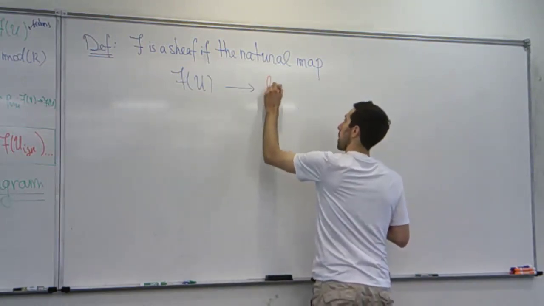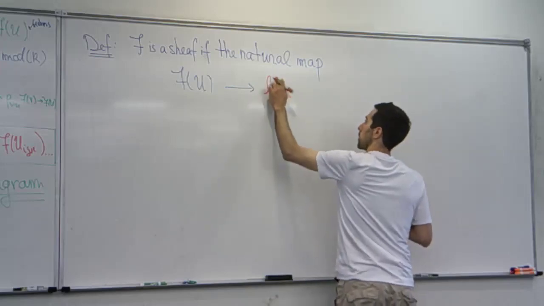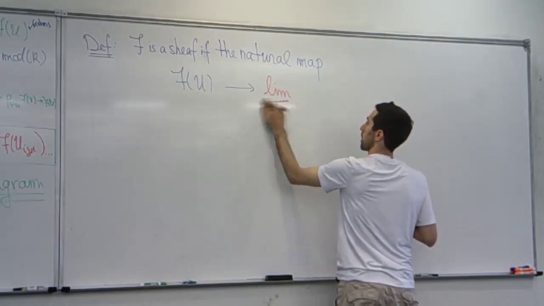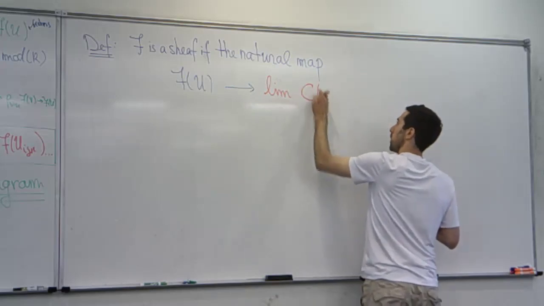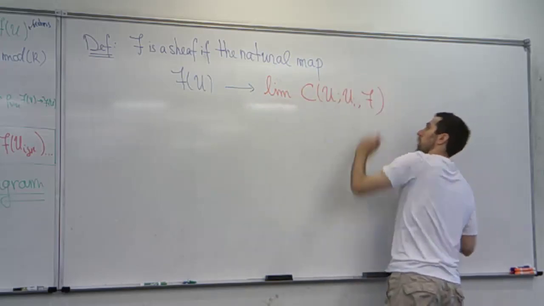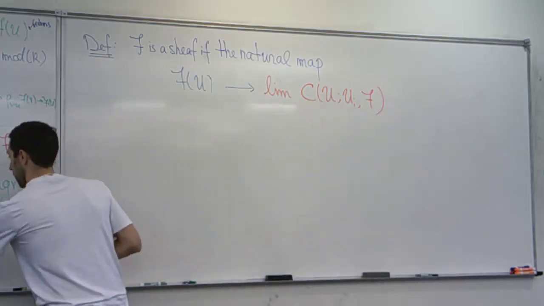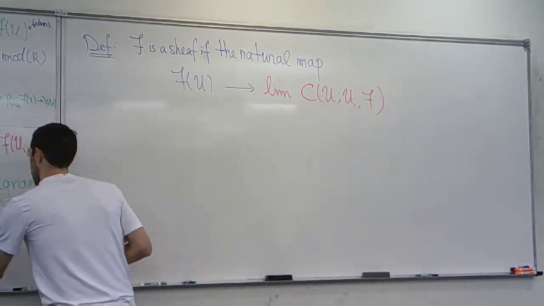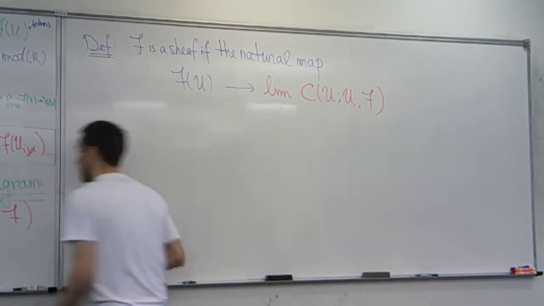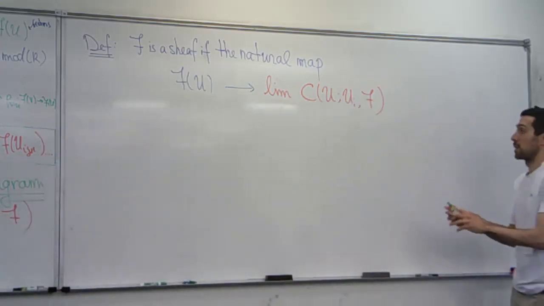This is the Čech diagram. I'm going to be calling this Čech diagram, denoting it C(U, U_i, F). Understood this? So, if this map is an isomorphism.